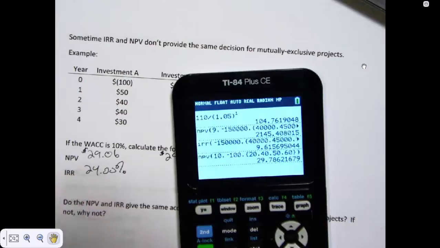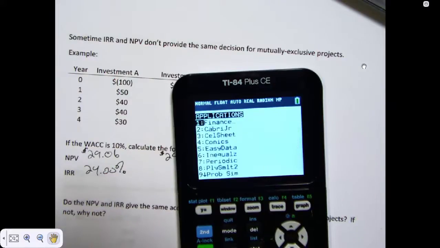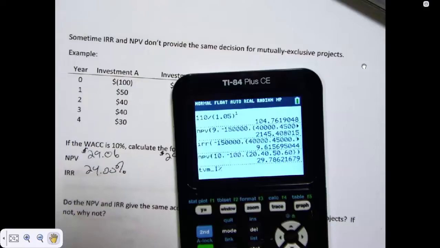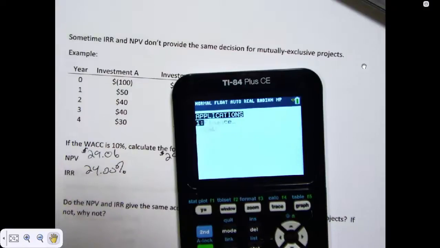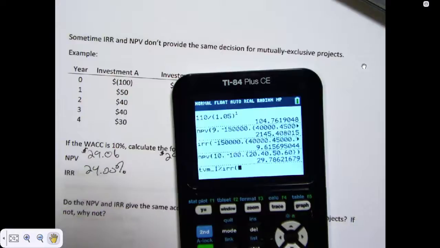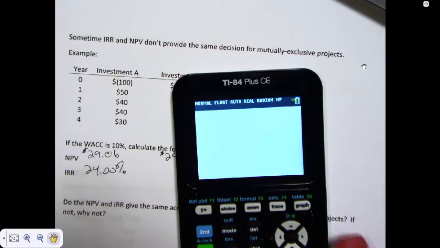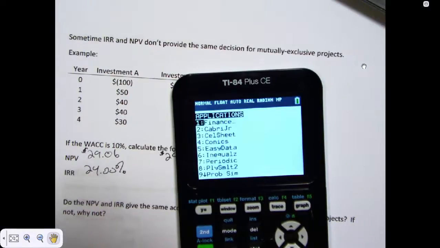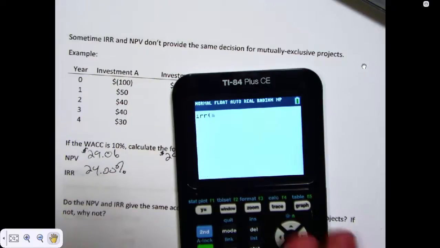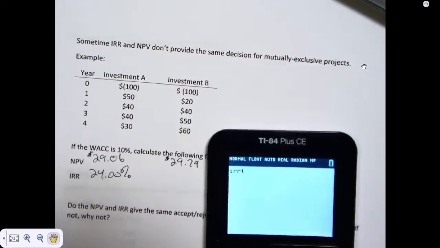Now, the nice thing about the BA II Plus is I would just press IRR and it would compute and give me my answer. In this calculator, I can't do that. I have to go to apps, 1 for finance, 8 for IRR. Okay, here we go. Again, I don't put any discount rate in.